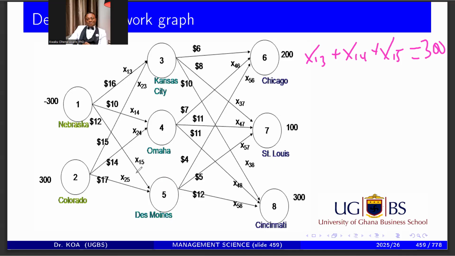Now let's look at the second one. The second one we can easily do. But I'm interested in the third one, the transshipment. This is how you calculate the transshipment constraint or node. You count the number of arcs that are entering into it. So be clear and tell me which arcs are coming into it and which arcs are leaving it, because the principle is that they got to be equal.